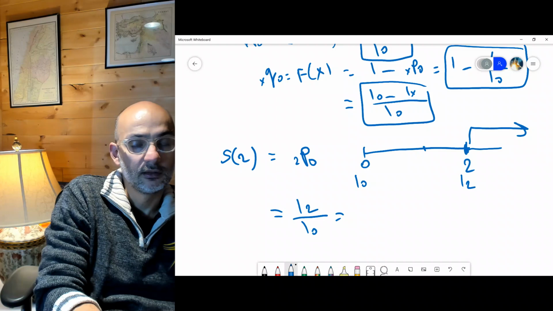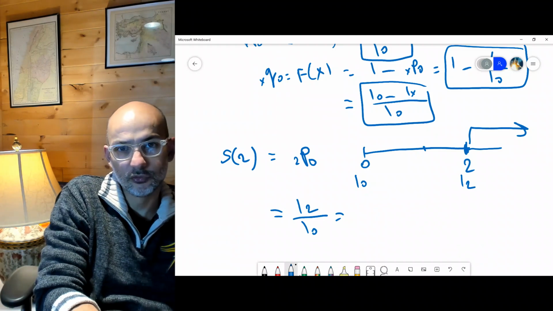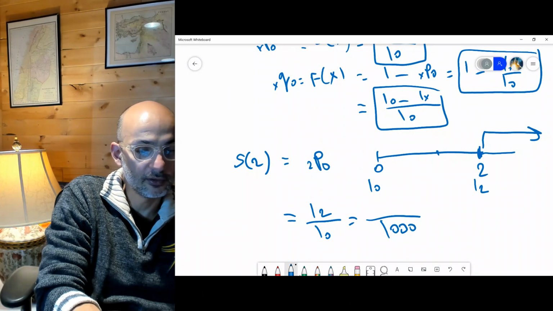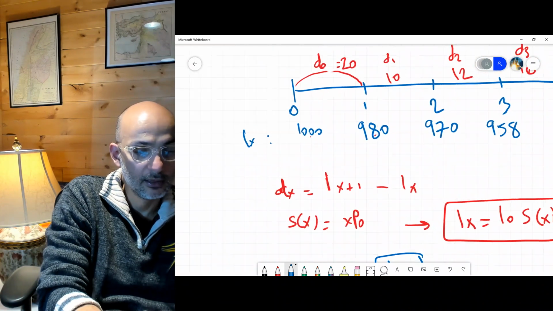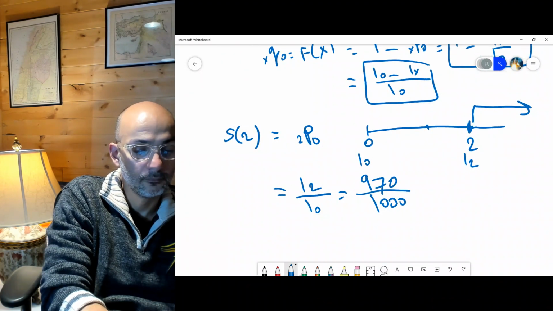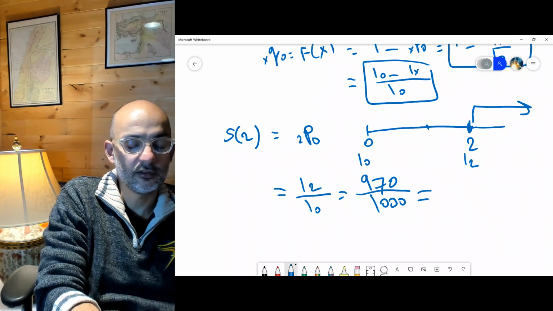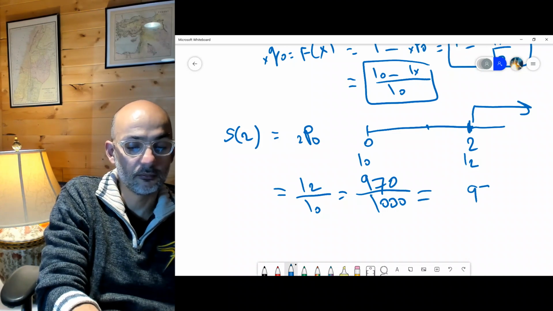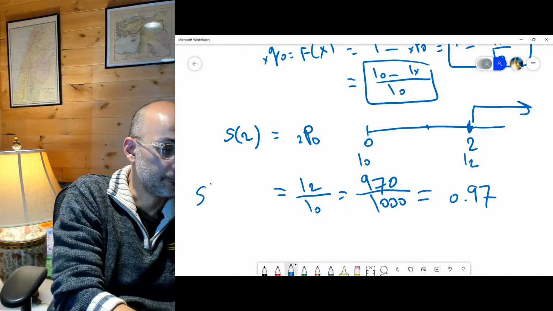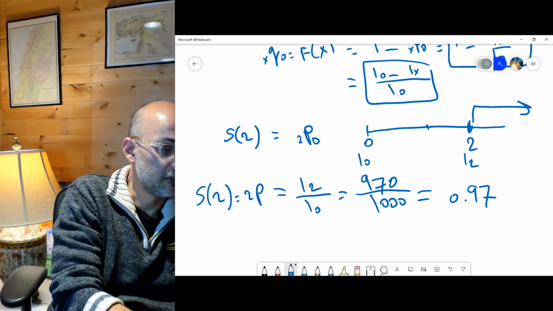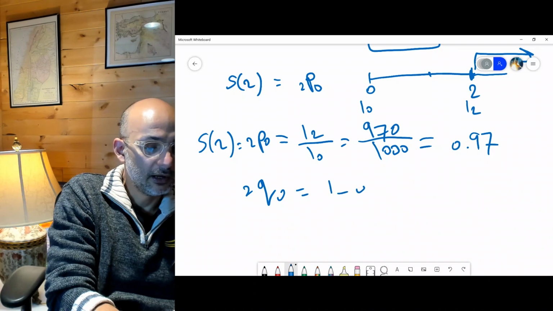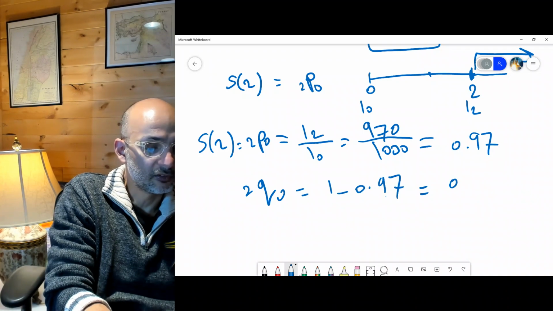The number of people who survived to L2, you divide by L0. L0, I remember, is 1000. Let me look back at L2. L2 was 970. Makes sense? So this will be 97%. So S2 or 2p0, and if you want 2q0, it's the same thing, 1 minus 0.97, which is 3%.